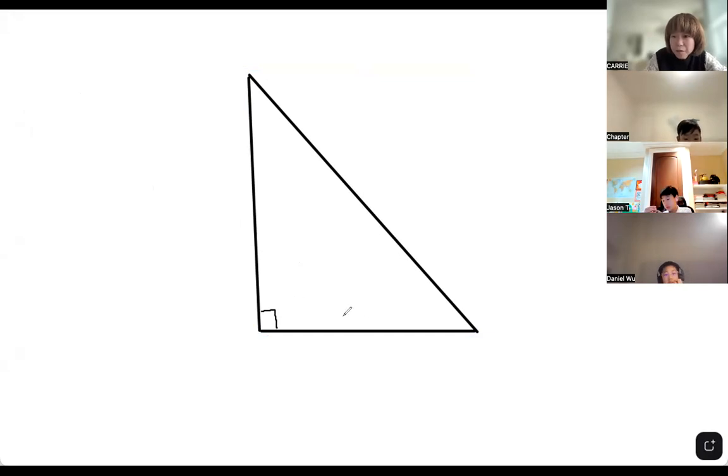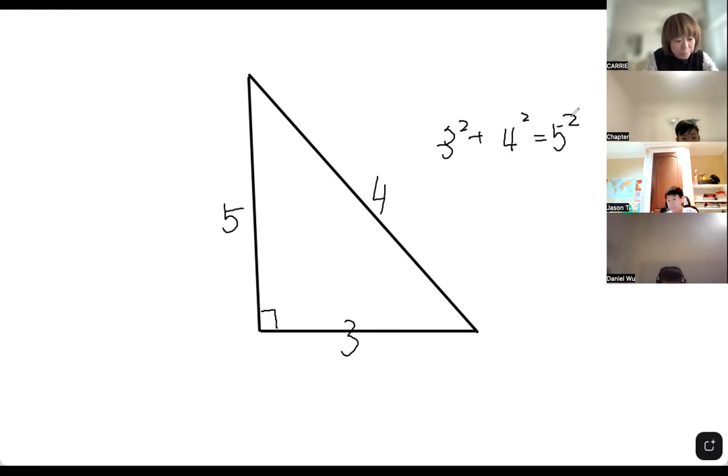So if this side equals 3, this side equals 4, then this one must equal 5. Why? Because 3 squared plus 4 squared equals 5 squared. Understand, Chapter?